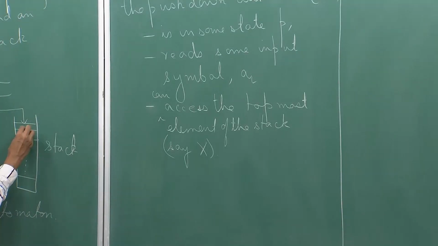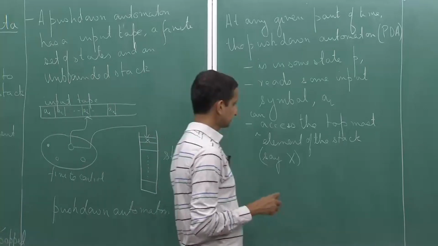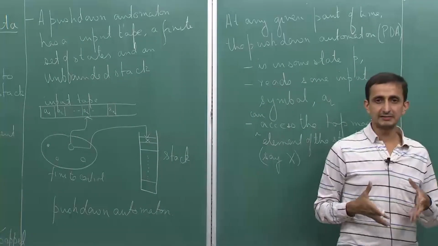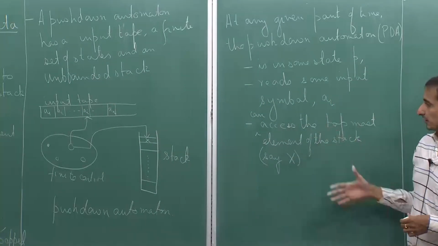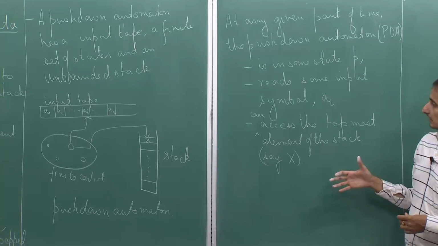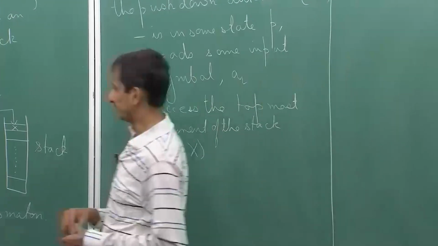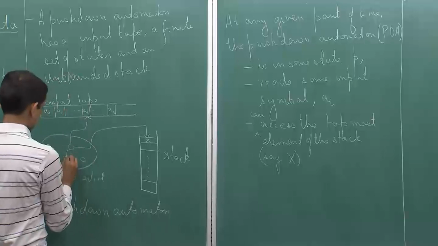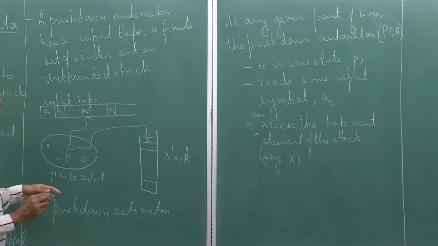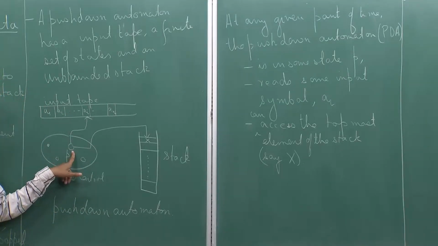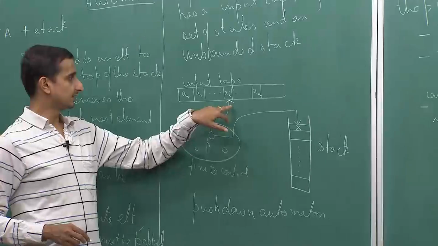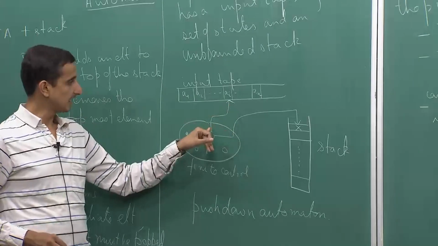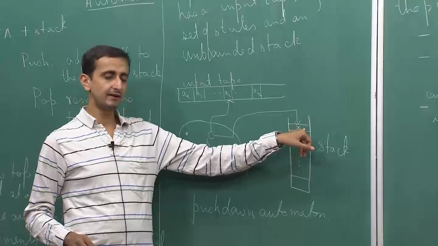So, these are the things that the pushdown automaton has access to at any given point of time. Let us say it is at some state P. It can read an input bit a_i and it can access the topmost element X.